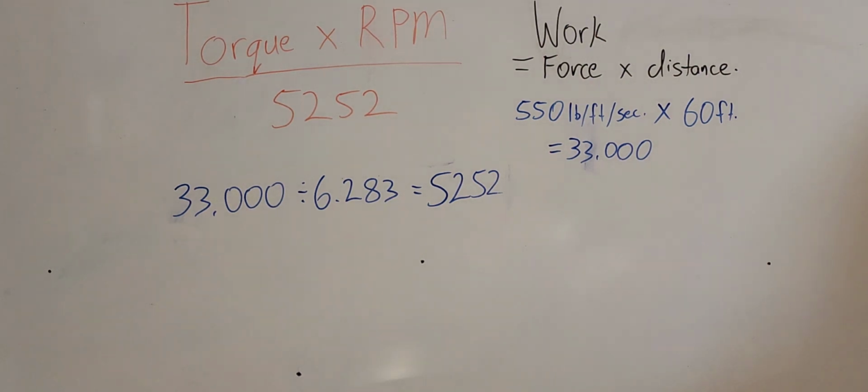To complete the conversion for our constant, we then take our work, which we've found to be 33,000 foot-pounds over the course of 1 minute, and we divide it by the distance that is travelled in one revolution of our imaginary 1 foot bar. And that's where we get to our 5252.